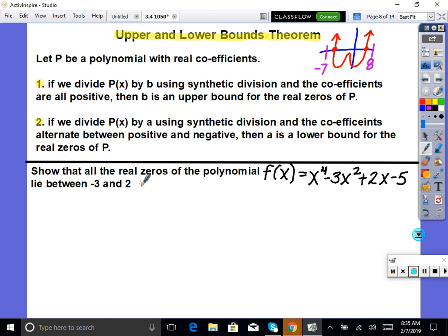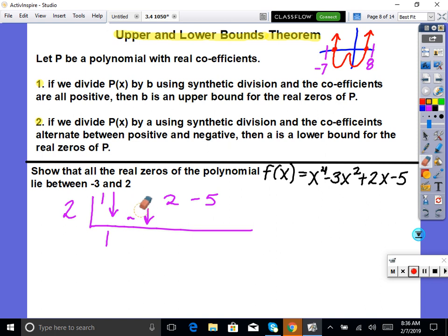What this theorem says is if you do synthetic division with B, where 2 is B, let's do it real quick. Add straight down, multiply up, add straight down. Did I miss something? Yeah, that's huge. See, I knew something. You gotta be careful. My bad.